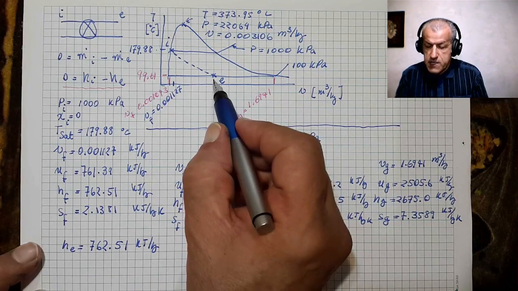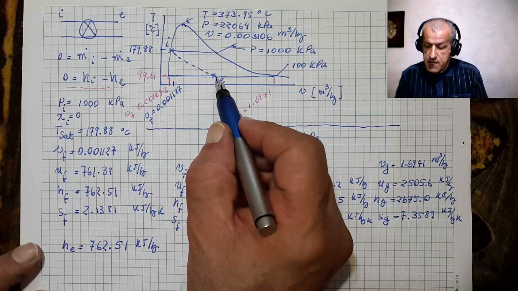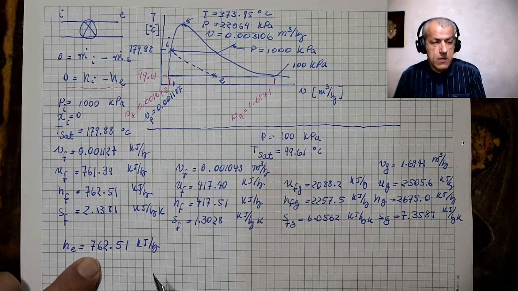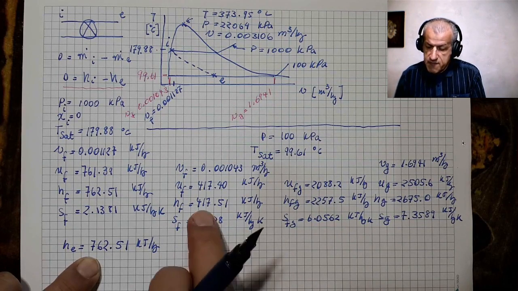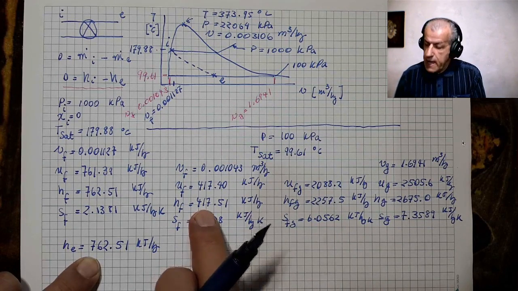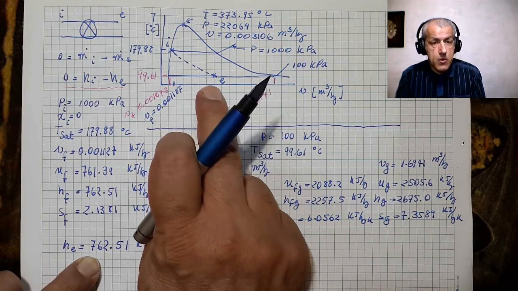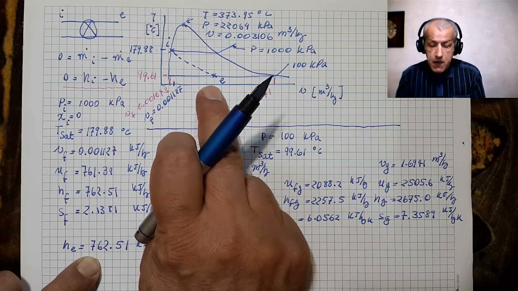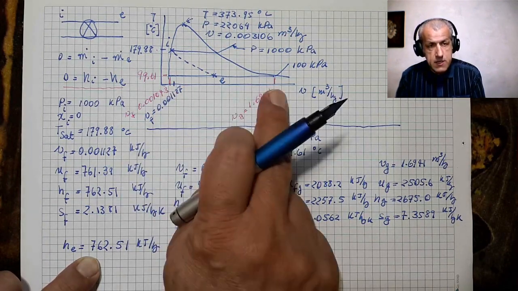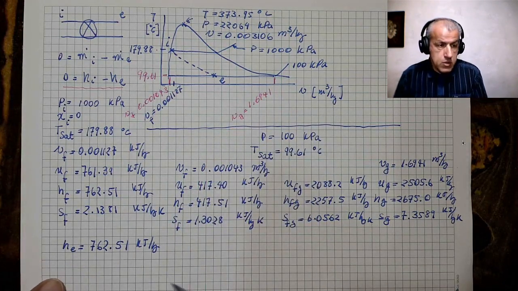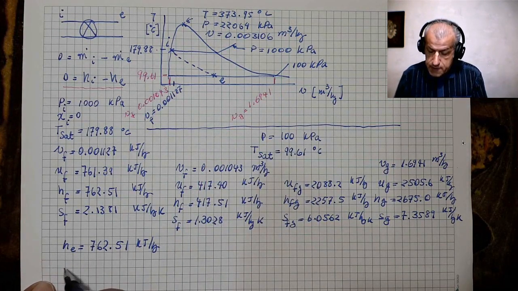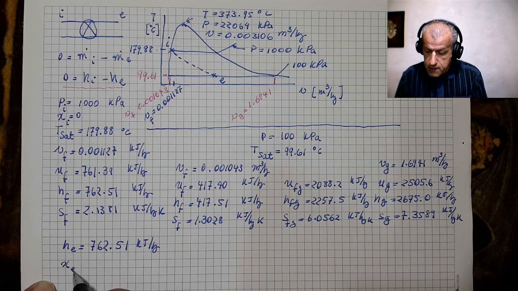So the point E here has the enthalpy 762.51 kilojoules per kilogram, which is somewhere between 417 and 2,675 kilojoules per kilogram. So we can be sure that the final point E is somewhere between saturated liquid and saturated vapor.